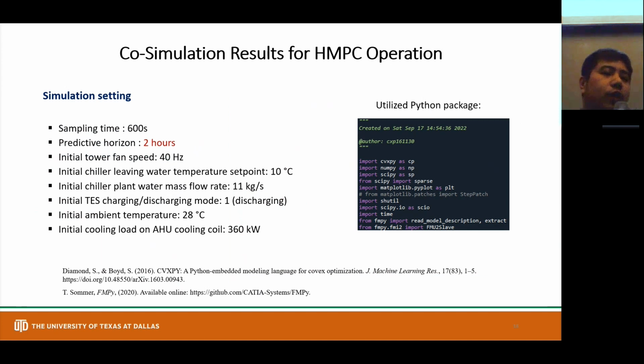In the simulation setting, the sampling time is 600 seconds, and the prediction horizon is 2 hours. For the co-simulation, we use Python packages like CVXPY and FMPy.